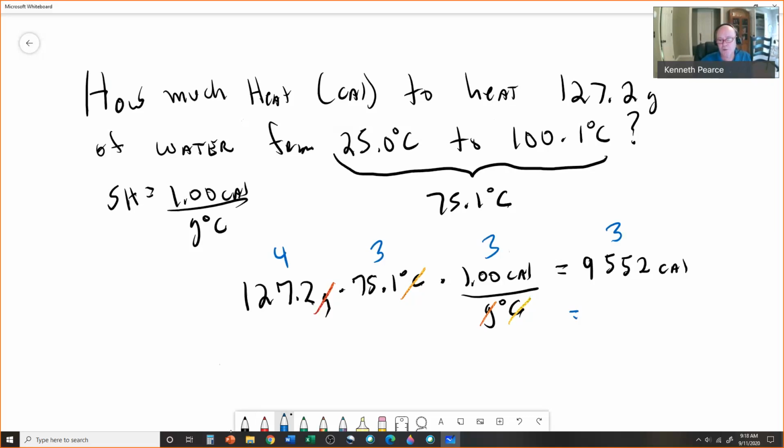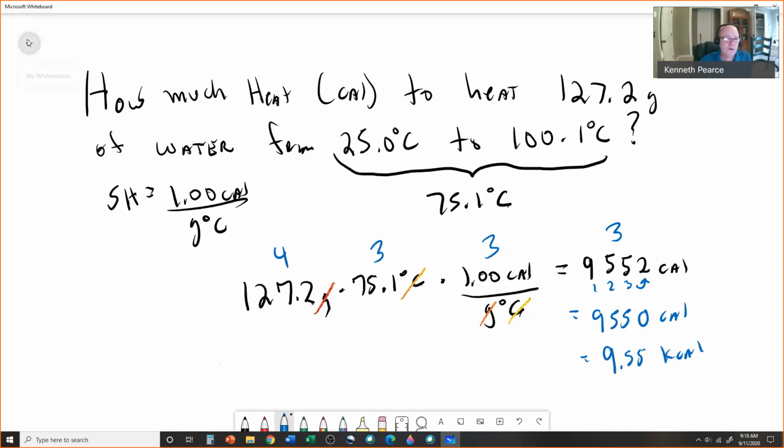And so remember how we do sig figs, we go 1, 2, 3, we have to keep the same size, so that's 9,550 calories. And if we wanted to, we could put this in kcals, and we could say 9.55 kcals, and that's also 3 sig figs. Okay, so that's using the heat equation.